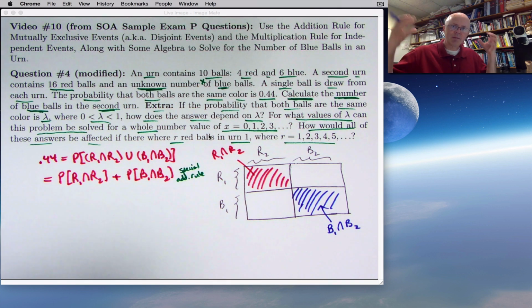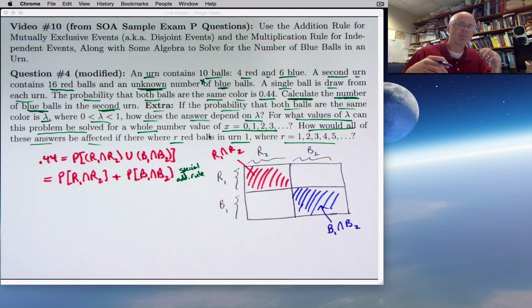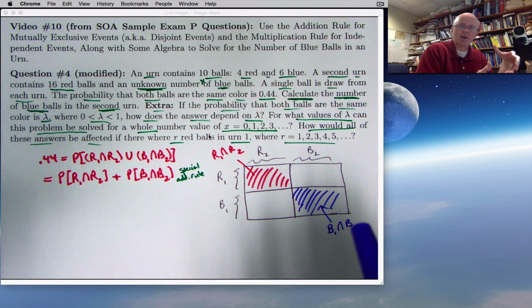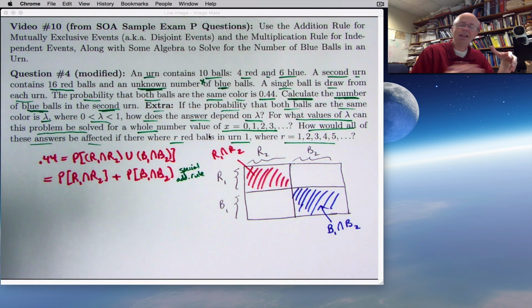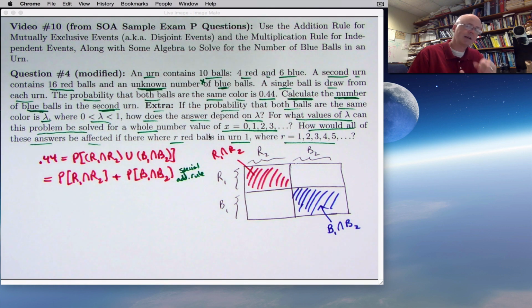You're mixing these balls up, shaking these urns up ahead of time, and drawing the balls out randomly, say one at a time. What you pull out of the first urn, red or blue, does not affect what you pull out of the second urn, red or blue. Okay? They're unrelated to each other. They're independent. So you're really assuming independence.